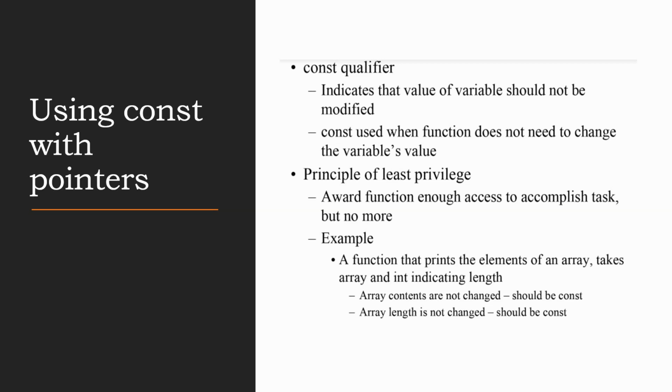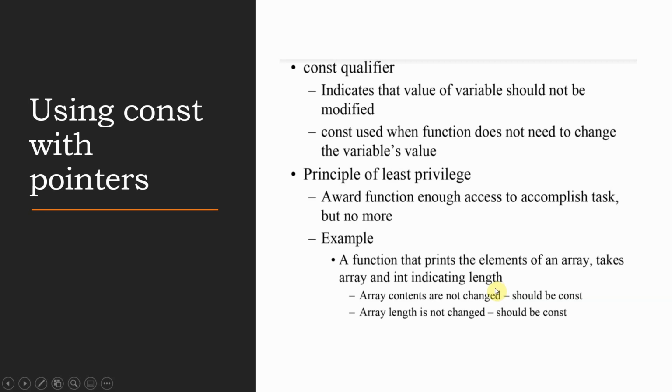So this is the concept of constant. The constant qualifier indicates that the value of a variable should not be modified, as I told you. And const is used when a function does not need to change the variable's value. The principle of least privilege: award a function enough access to accomplish its task but no more. For example, a function that prints the elements of an array takes an array and an int indicating length.